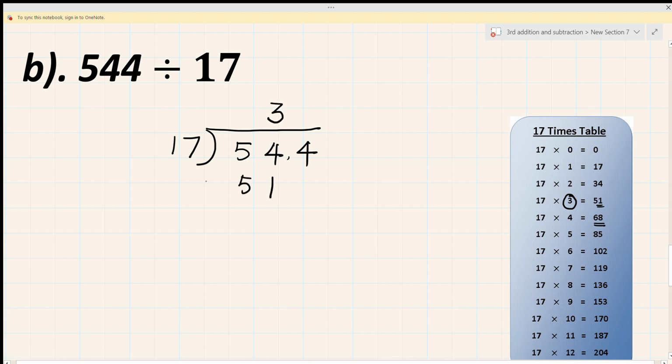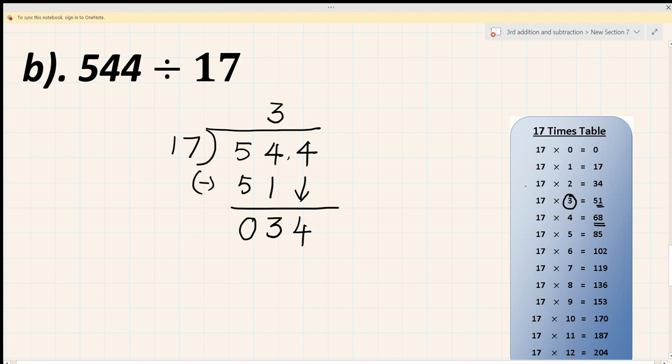Now subtract the numbers. 4 minus 1, 3. 5 minus 5, 0. Now 3 is smaller than the divisor, so we are going to take down the next digit. So now we have 34. Look into the table. 17 twos are 34.